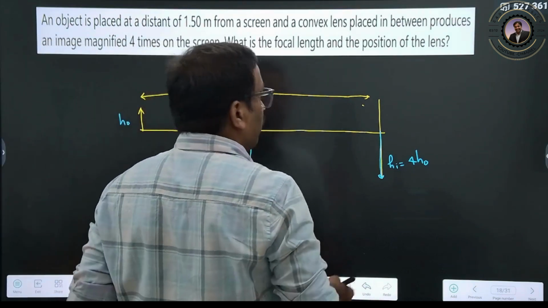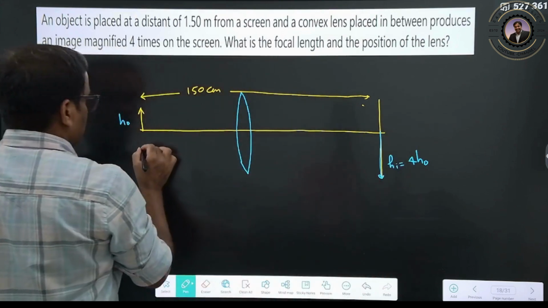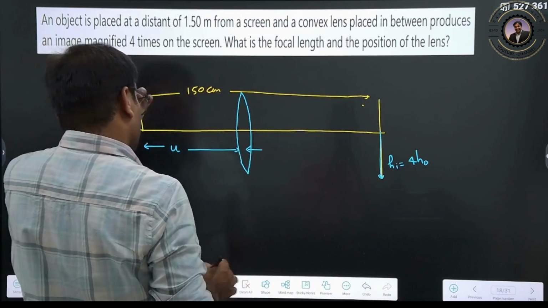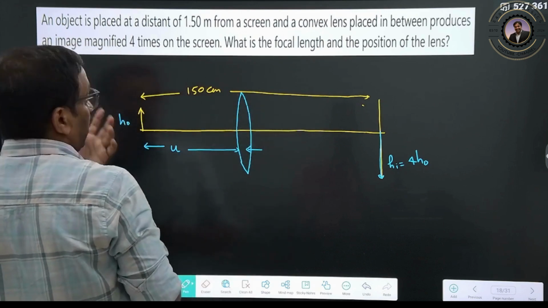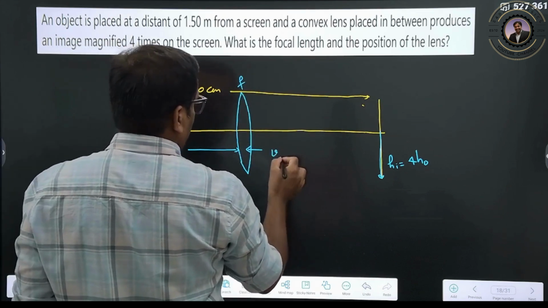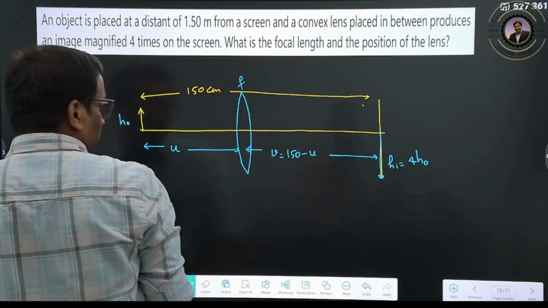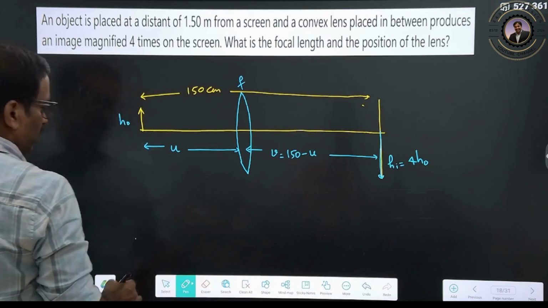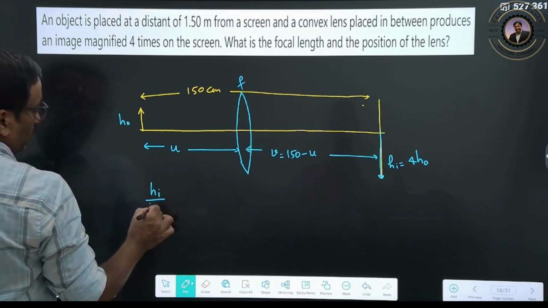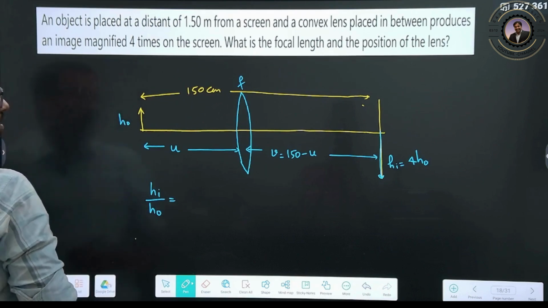We want to calculate the focal length, and first the position of the lens. Suppose this is your u distance, then v is 150 minus u. Magnification, height of the image by height of the object, is minus 4. Why minus 4?